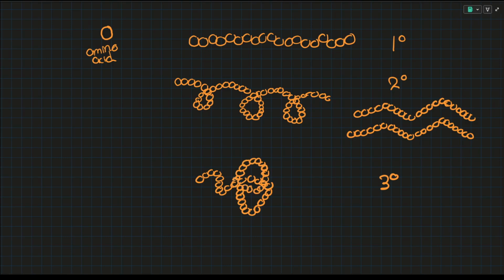This polypeptide chain is growing into a specialized 3D structure.